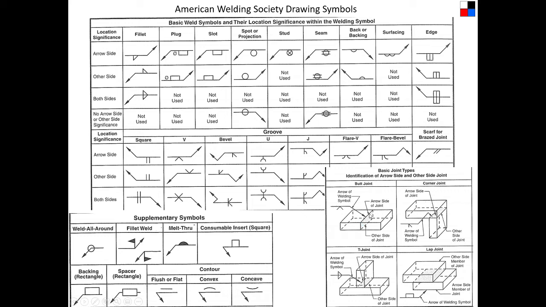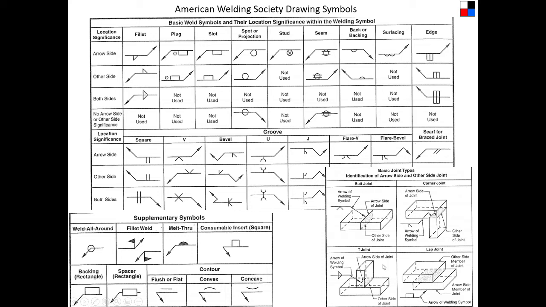The arrow side would be here on top of the part, and the non-arrow side, the opposite side, would be down here, and you can see that that is a hidden view. So you would point to this one and then say do it on the opposite side.